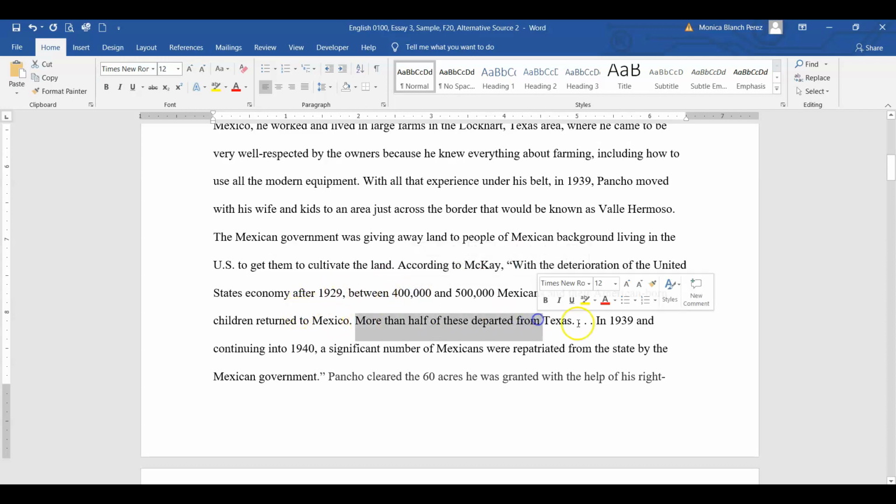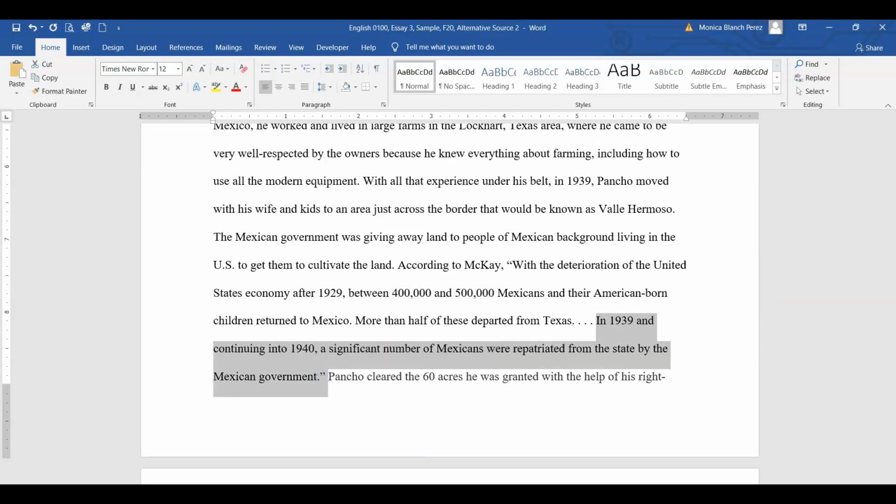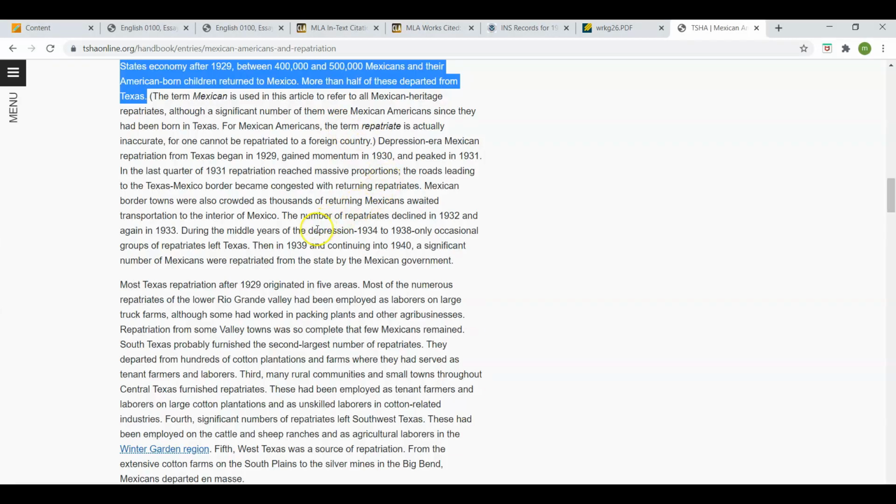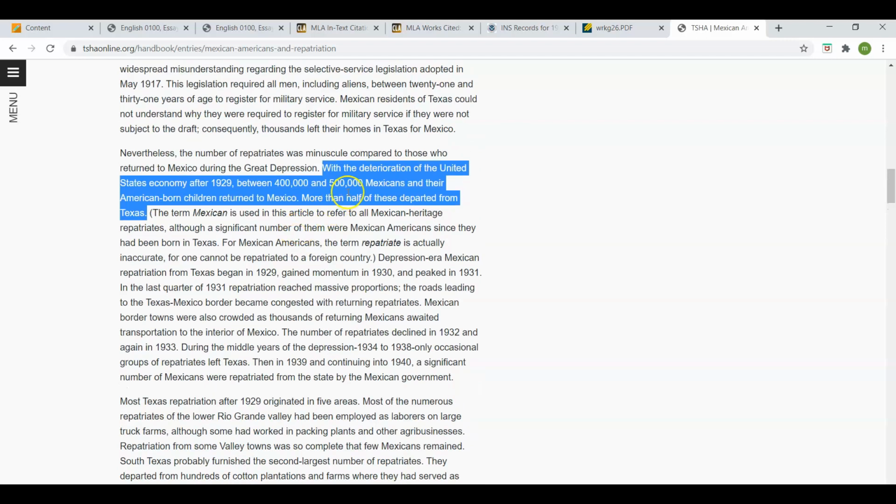More than half of these came from Texas. Okay, here are the dots. I quoted more than what I just showed you about a minute ago. In 1939, so where is that? I know it's there. That's where I got it. Ah, here it is. So I quoted from here to here, and then the dots represent that I skipped most of this stuff because it was too much.